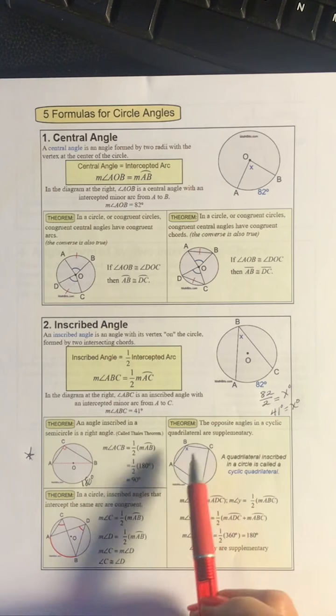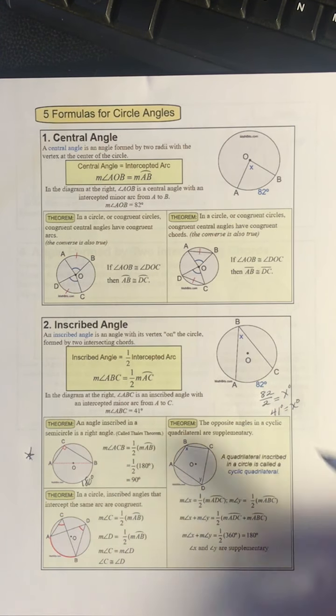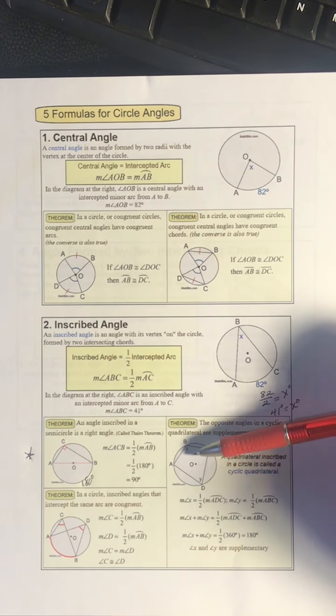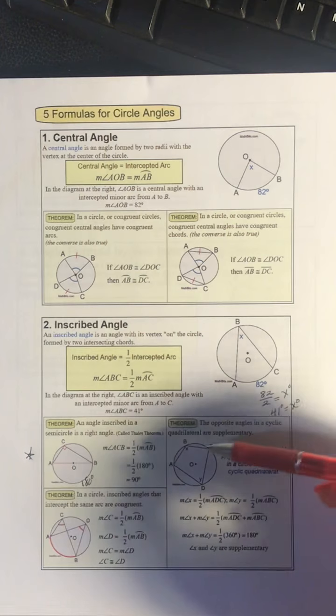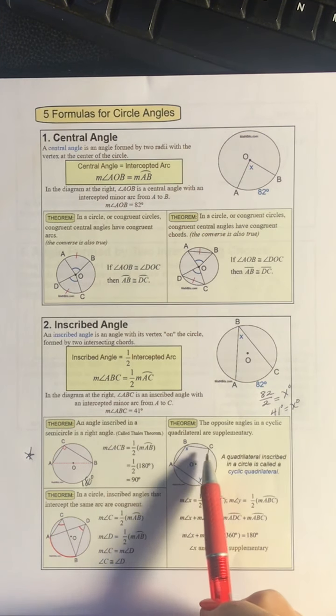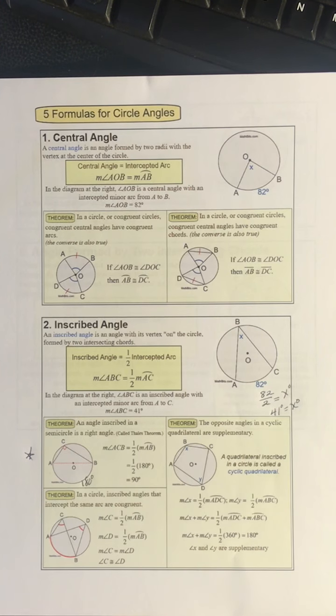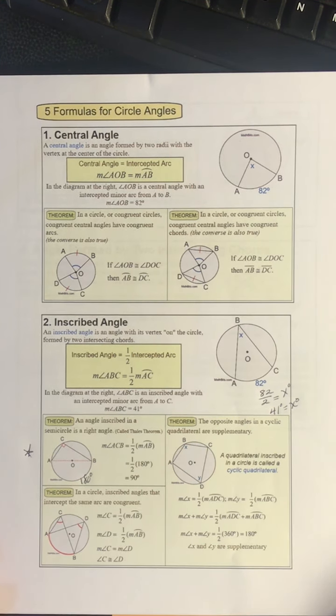And then we got into these quadrilaterals inside of the circle, and we knew that the opposite angles were supplementary. All right, x and y equaled 180, and a and c added up to equal 180. They were supplementary.